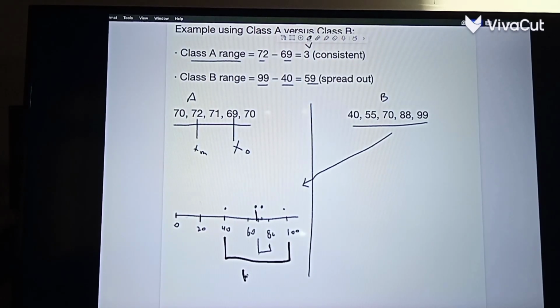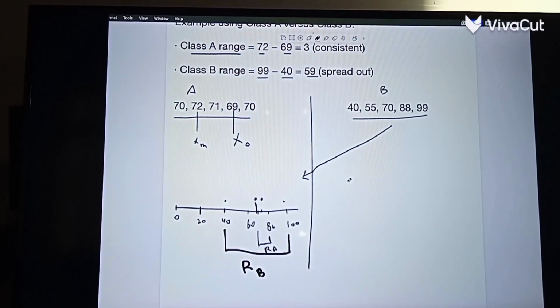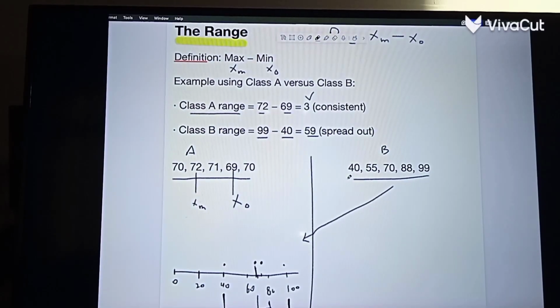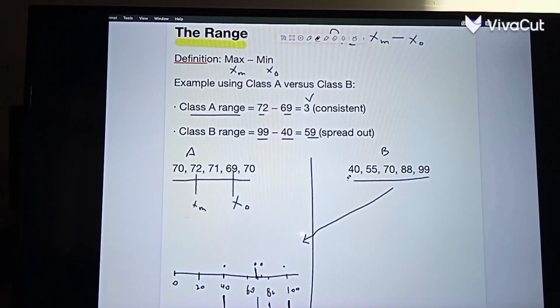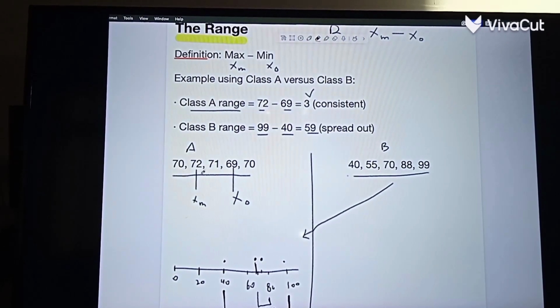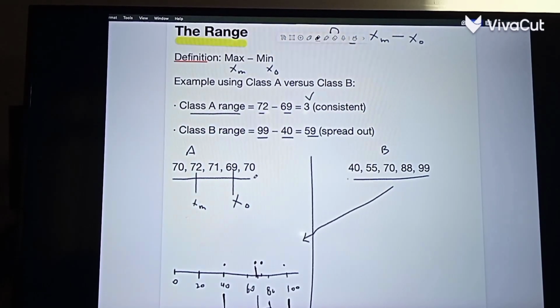This is the range for data set B, and then another one is the range for data set A. So you can imagine the spread among these two data sets. Now the biggest limitation of the range is that it takes into account only two values, that is maximum and minimum, and ignores the rest of the values.